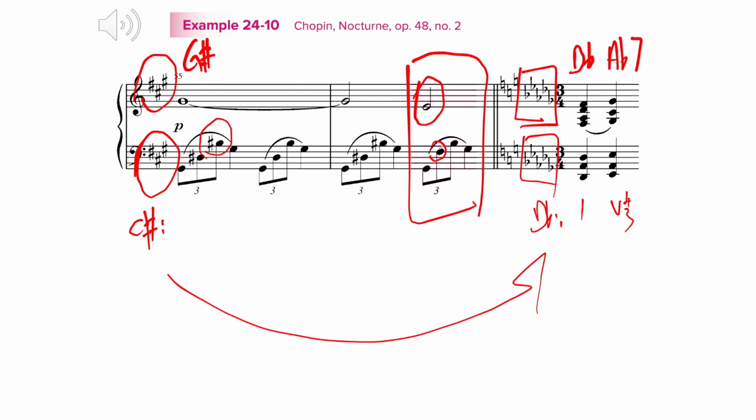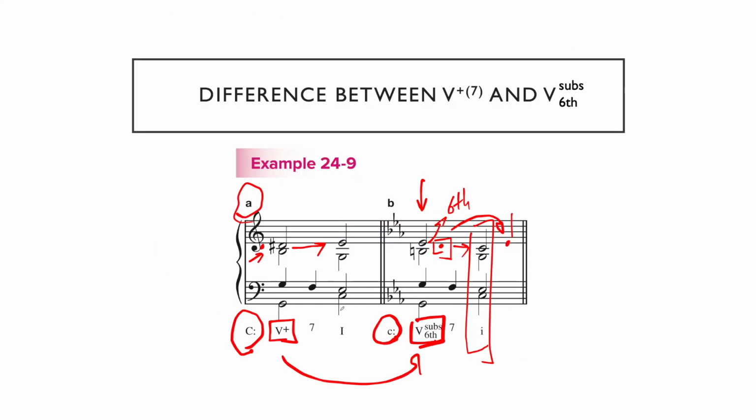But the interesting point is, if you look at the chord, instead of D sharp, we see E. We would label it as dominant with a substituted sixth, but if we consider the resolution, E goes upwards to F. Remember the resolution of the dominant with a substituted sixth, it is downwards.